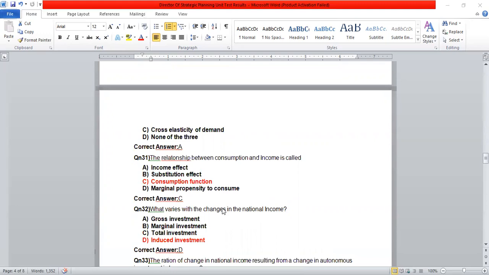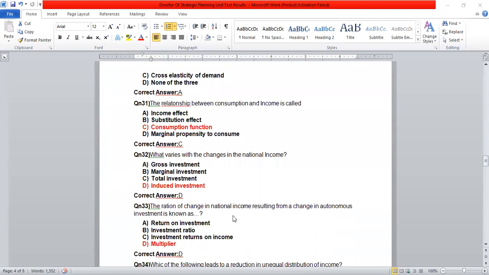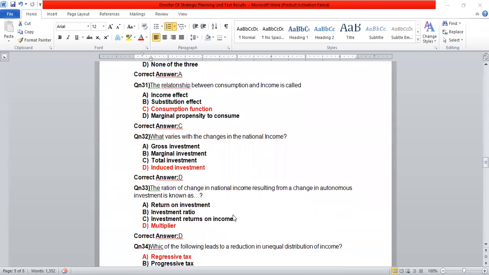Question 32. Investment that changes with the national income is an induced investment. Question 33. The change in national income resulting from changes in autonomous investment is known as the multiplier.